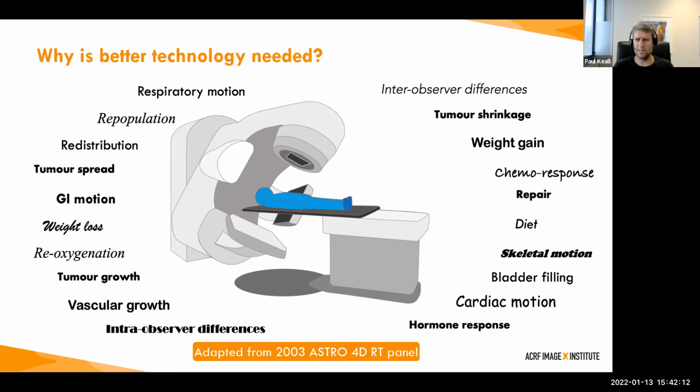So we have this very dynamic system of both the cancer and the patient that we're trying to optimally treat. These temporal changes, or changes with time, are something we're probably at the early stages of being able to manage well. So there's a lot of opportunity to improve here. The main point of this slide is just that we have a very dynamic human body.